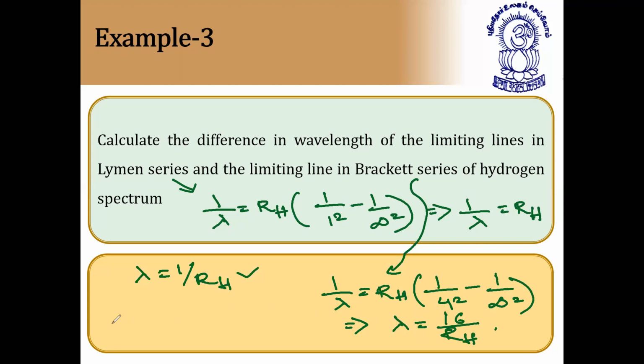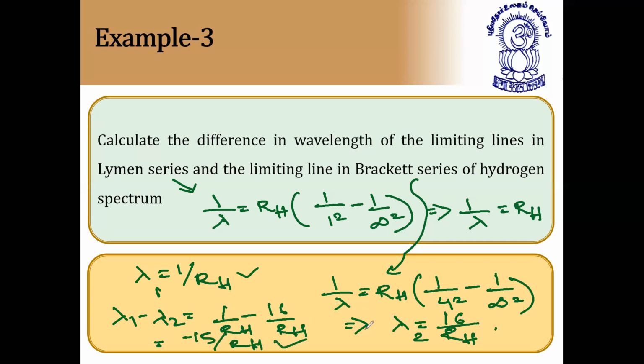So they are asking difference in wavelength. So lambda 1 minus lambda 2 is equal to 1 by RH minus 16 by RH. So you'll get the answer as, taking RH as LCM, 1 minus 16 is minus 15, so minus 15 by RH.